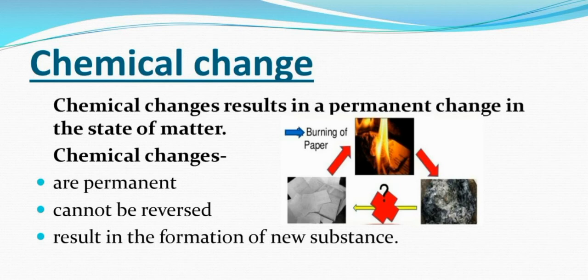We cannot get the paper back again. So this burning of paper into ash is an example of chemical change. Chemical changes are permanent, they cannot be reversed, and they result in the formation of a new substance.